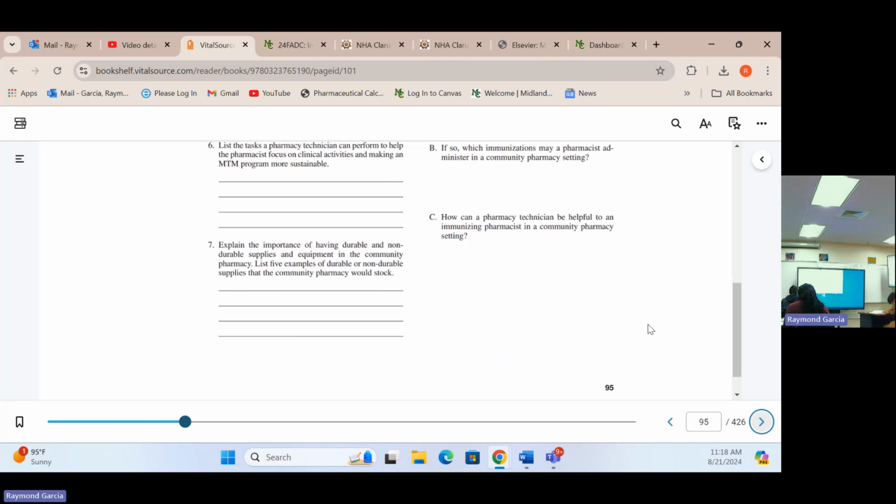Five examples of durable and non-durable supplies that the community pharmacy would stock. We kind of touched on this one because we were having to deal with Medicare, and Medicare pays for most of the durable medical equipment. If I can find it.